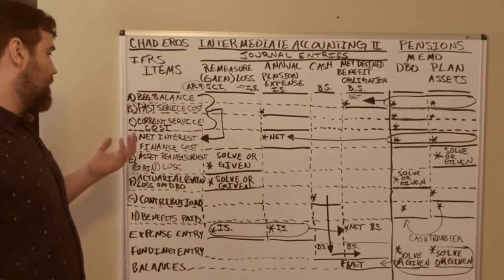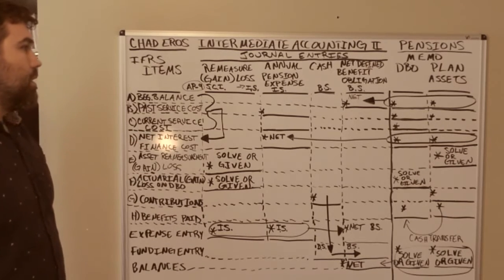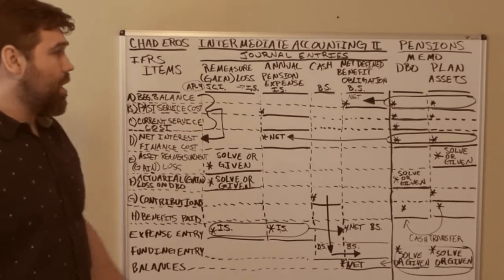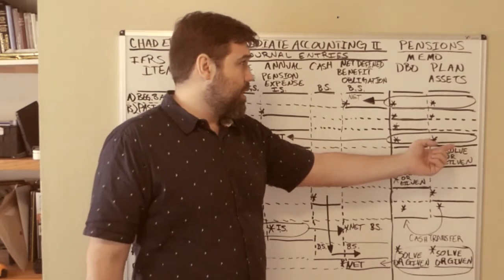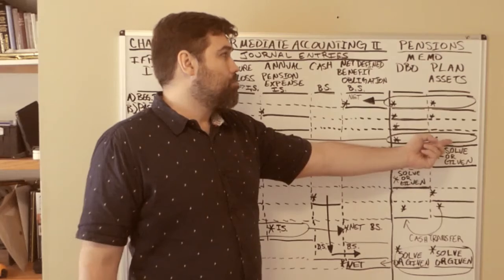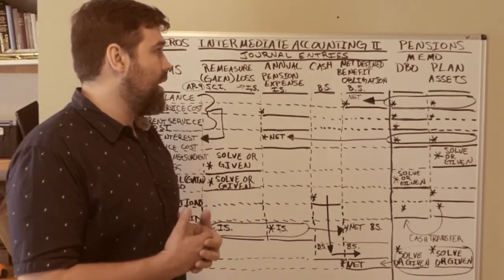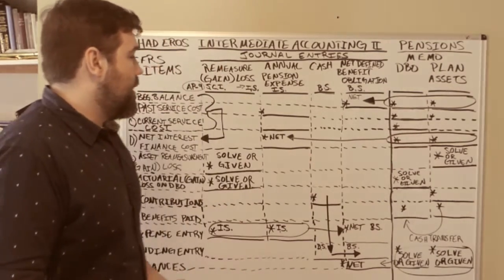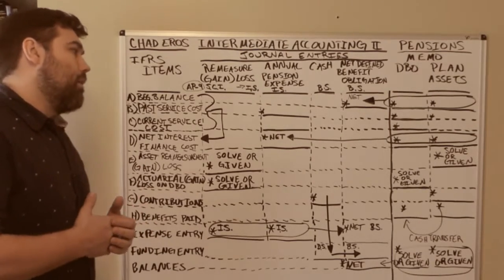Okay, so the next thing, let's go to net interest finance cost. Based on what I just talked about, we're going to calculate, using our interest rate, what we expect our gain is going to be, or whatever we're going to earn on our plan assets, and we're going to calculate the interest on our liability or obligation based on a rate.